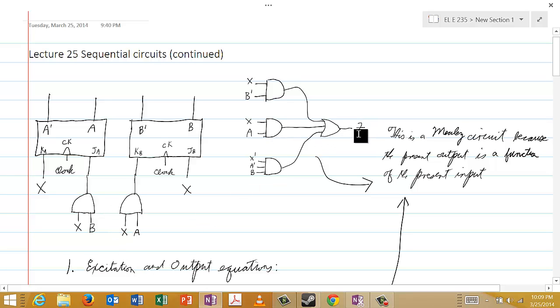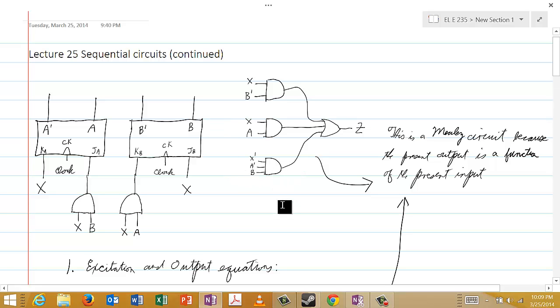And then for the output of our sequential circuit, as usual, that's called Z, and it is the output of this OR gate, which is ORing together the outputs of these three AND gates, and here are the inputs to the AND gates. So you should consider all of this as one sequential circuit with everything connected together in the appropriate fashion, but we've just broken it up into two figures for the sake of saving space.